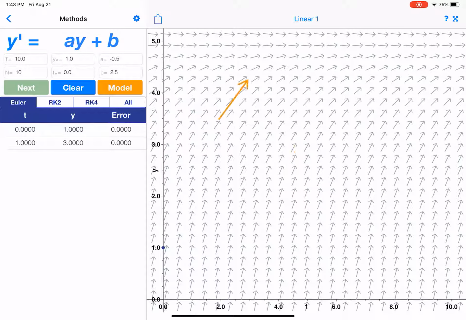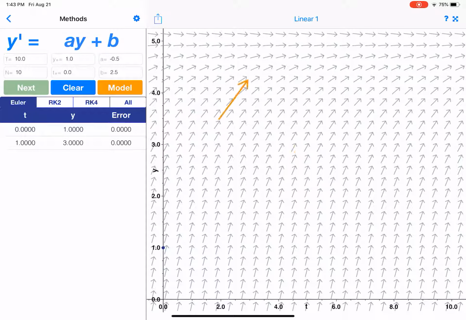And what I'm going to do is follow that arrow for a time step of 1. This is going to be my approximation to what y of 1 would be. In this case, I know that y of 0 is 1, and if I follow that slope, then y of 1 is approximately 3.